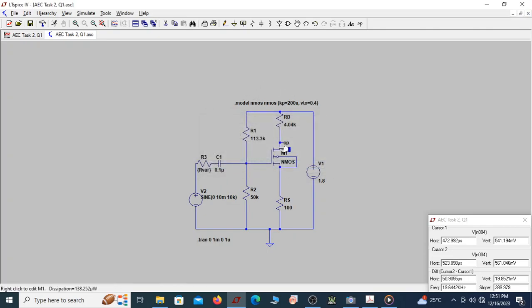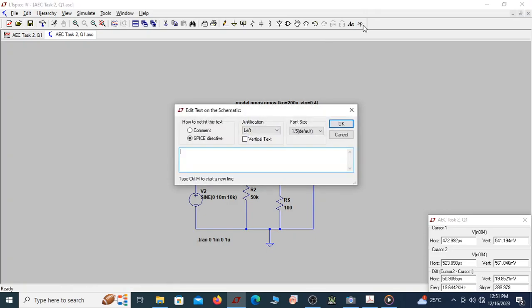Let me vary this resistance using dot step param.